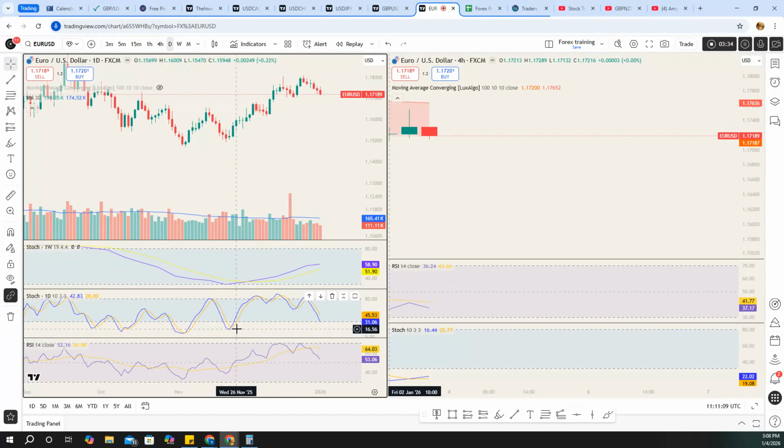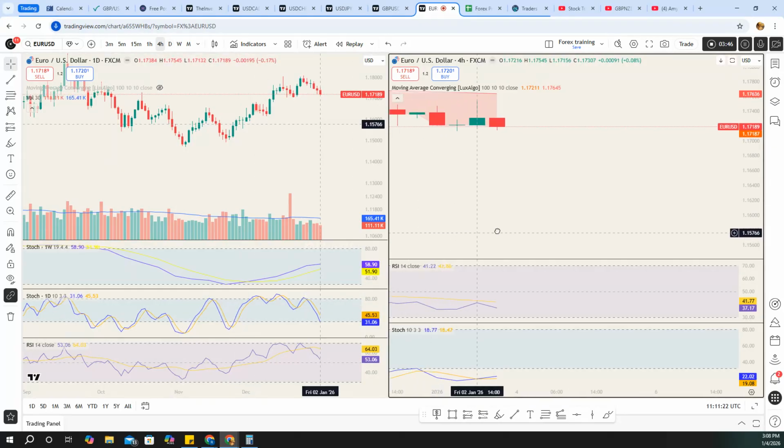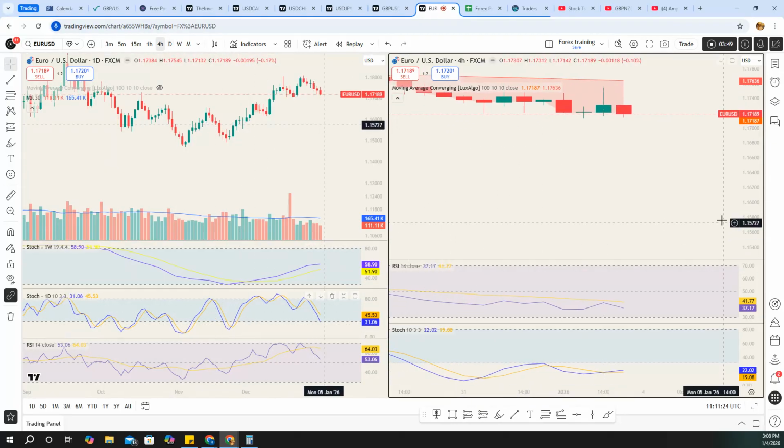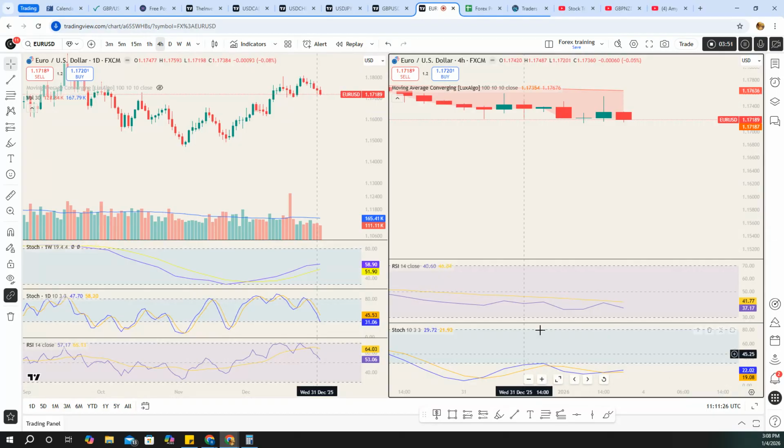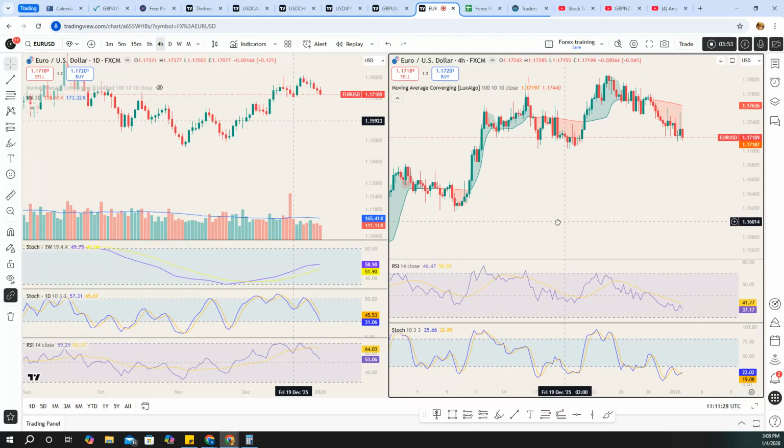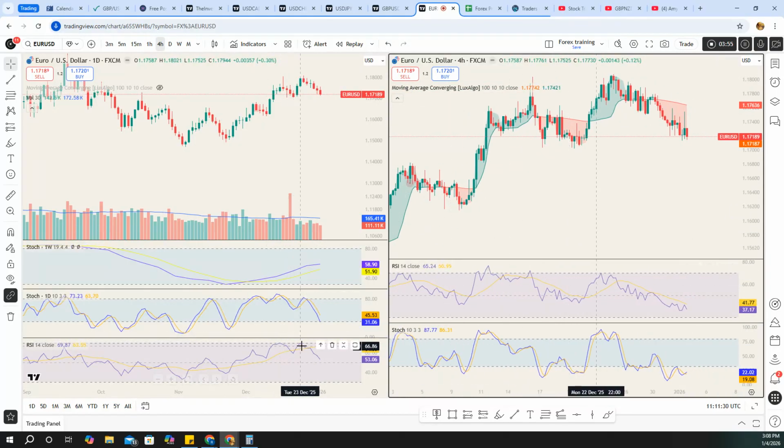And similarly, if the cross of the K to the D upward is below the 32, this is a 32 band, I would buy.